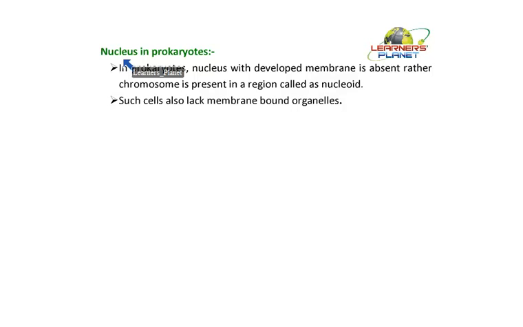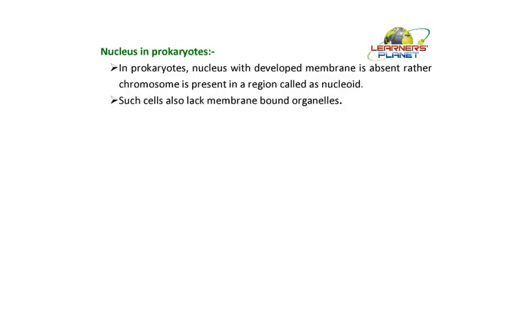So here, now we are studying the nucleus in the prokaryotic cell. You remember what is meant by the prokaryotic and the eukaryotic? Eukaryote means the cells which are having a true type of nucleus. Now which nucleus is known as the true type of nucleus? It is the one which is surrounded by the nuclear membrane.